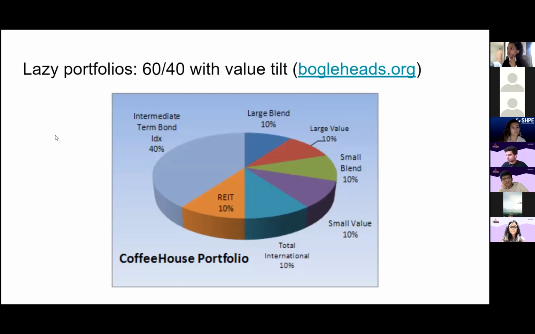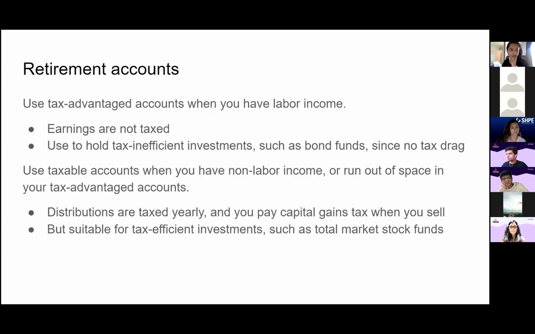Moving on. Okay, good. We're getting near the end. I think we have enough time. So the government is providing two incentives. They really want you to save, and they incentivize you to save by giving you these tax-advantaged accounts, where if you put your labor income into these accounts, you won't pay tax on your earnings.